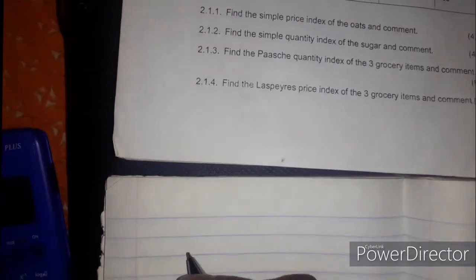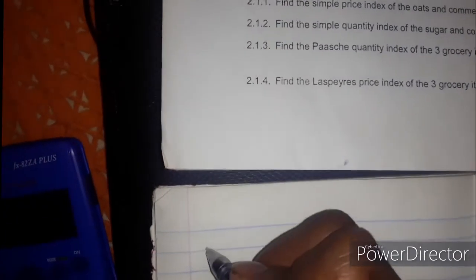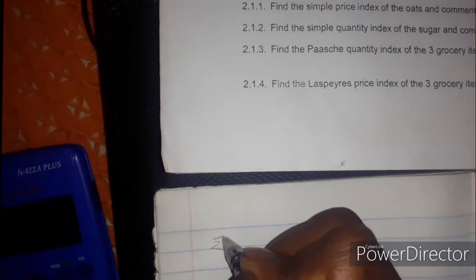Now, the formula for the Paasche quantity index is as follows. It's like this.